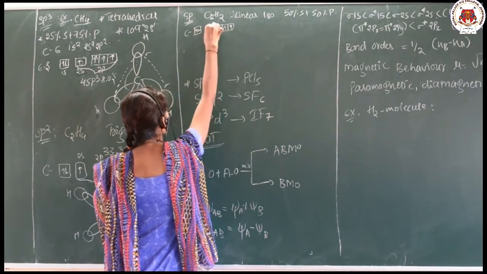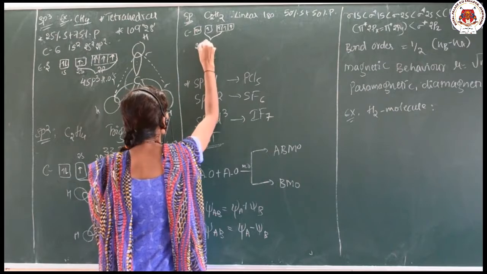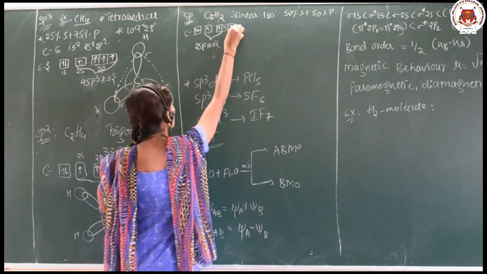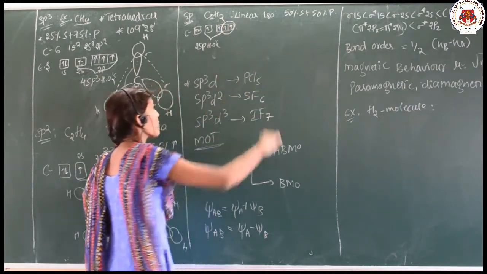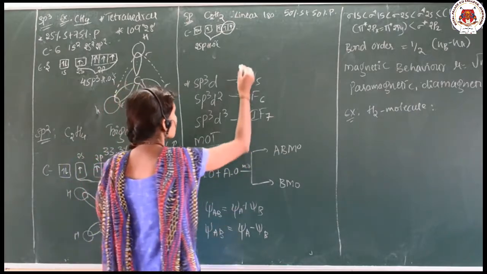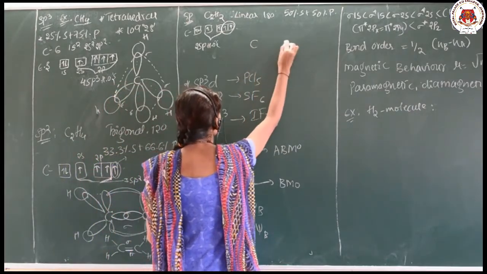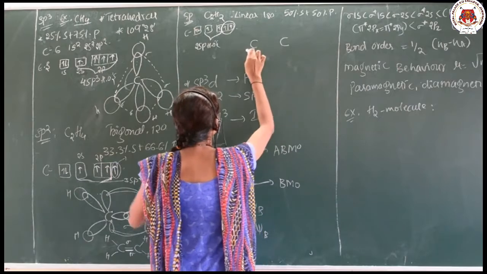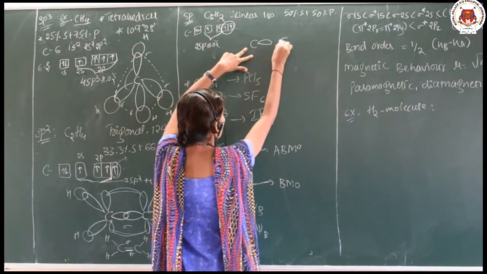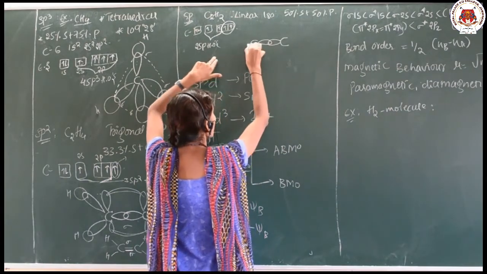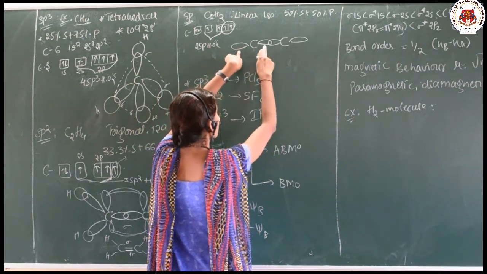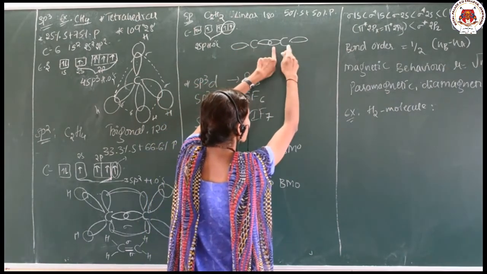One s and one p, which forms 2 sp hybrid orbitals, and these two are the 2 unhybridized p orbitals. So, let us go for the arrangement. This is one carbon, this is one more carbon. How many sp hybrid orbitals? 2. One is going to merge with the neighboring carbon like this. This carbon has 2 sp hybrid orbitals, and this carbon has 2 sp hybrid orbitals.